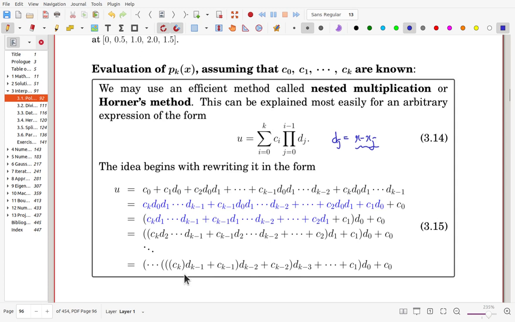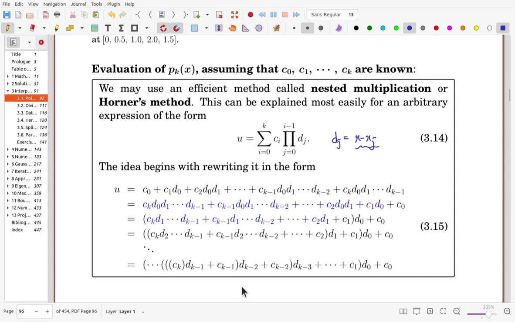So through this nested multiplication, you can get the function value much more efficiently than if you try to compute it as given in this form.